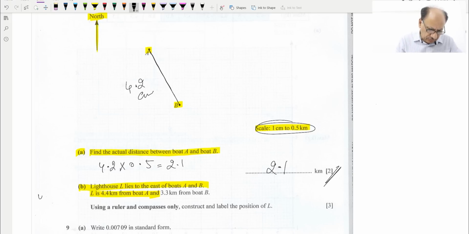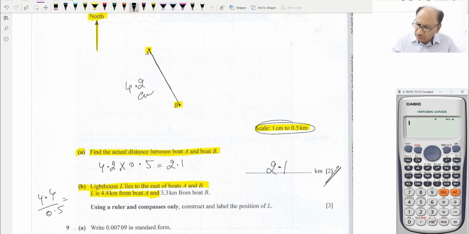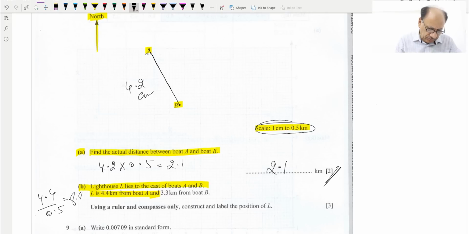So how will we get 8.8? 4.4 divided by 0.5 will be equal to 8.8. So 8.8 centimeters will have to be taken on this side.